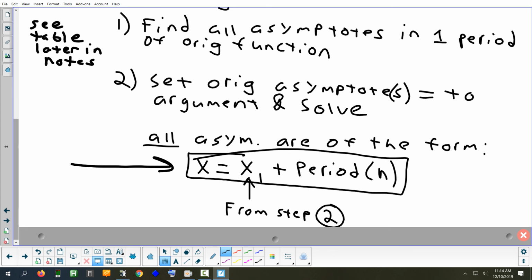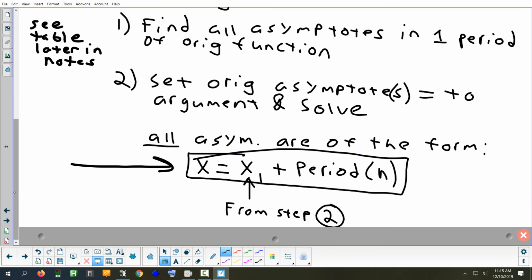Trig functions are periodic. That means they're very predictable. The same thing keeps happening over and over, forever. So once you find one asymptote, all you have to do is add the period times n, and that'll tell you where the next asymptote is. Because the asymptote will repeat every cycle at exactly the same spot and never changes.